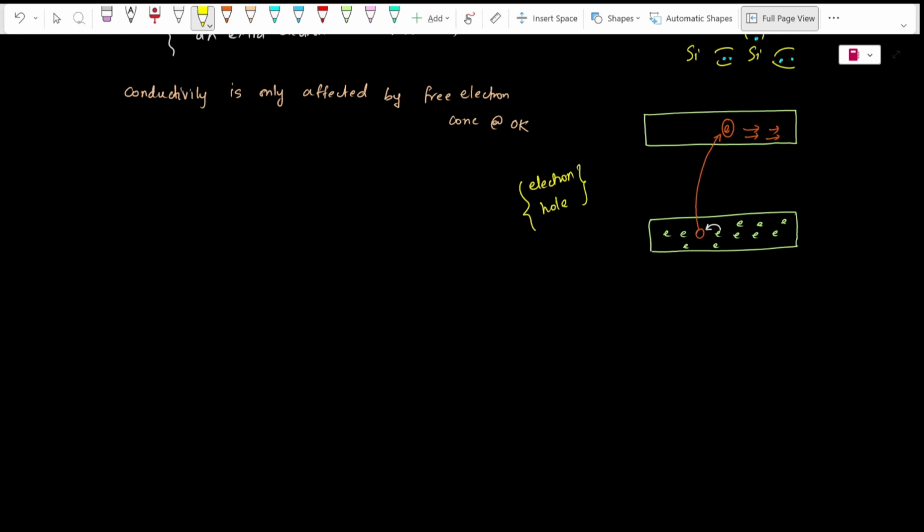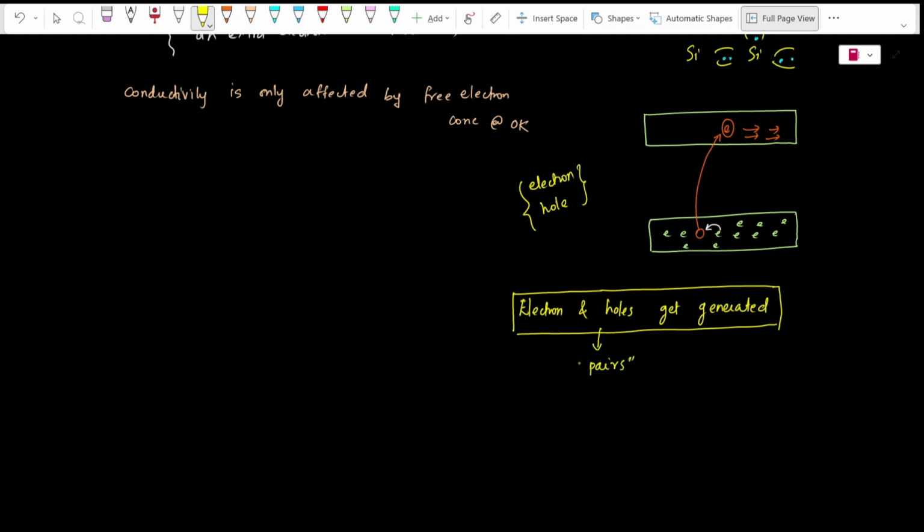One main point which I would like to make here is that electrons and holes get generated, right? So this generation is called an electron hole pair generation. This always happens in pairs.